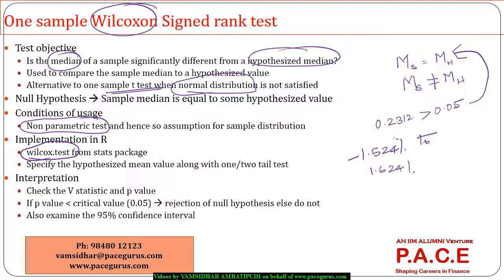So it includes the 1% in this range, and that's the reason the null hypothesis cannot be rejected at 95% confidence level. Based on that, I can very well say that whatever sample median I am getting, it's nowhere significantly different from the hypothesized median of 1% per month. So that's how I can use the one sample Wilcoxon signed rank test.